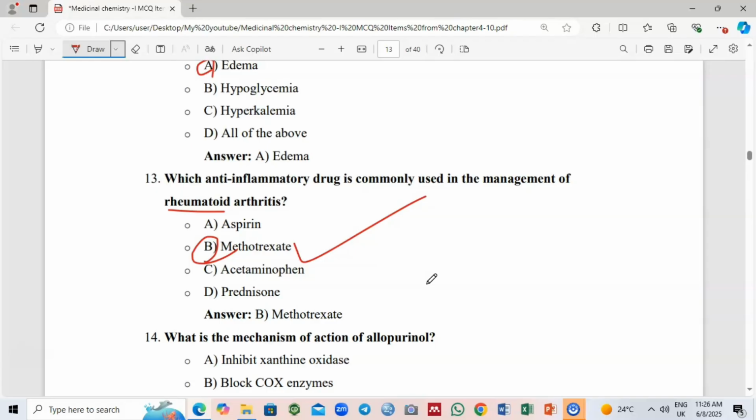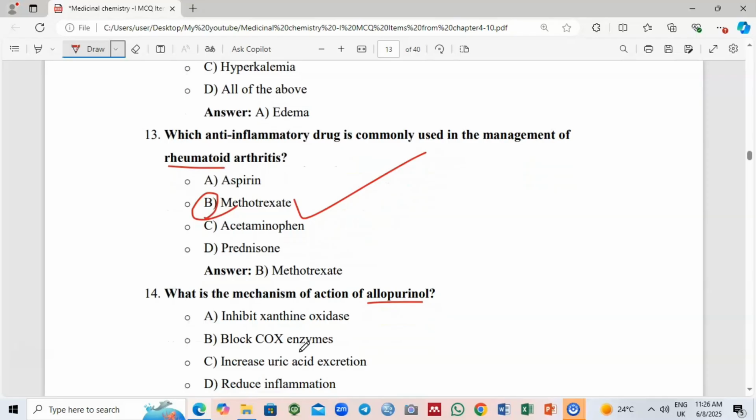What is the mechanism of action of allopurinol? In purine metabolism, you can remember this allopurinol. A. Inhibit xanthine oxidase. B. Block cyclooxygenase enzyme. C. Increase uric acid excretion. D. Reduce inflammation.